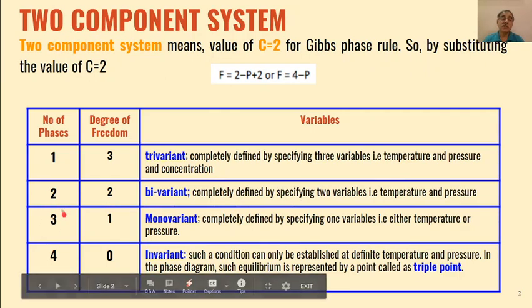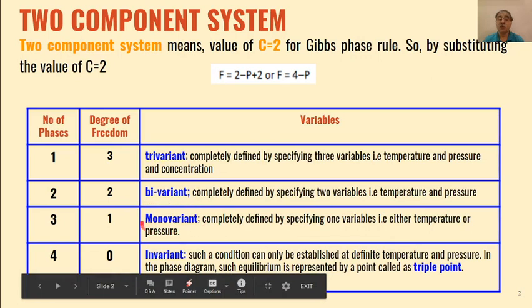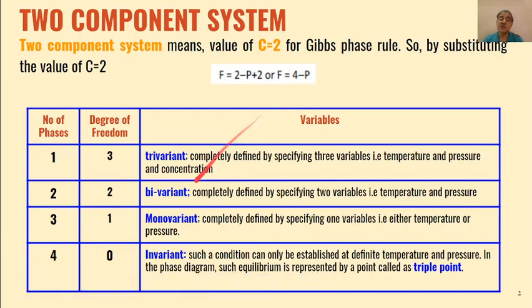Similarly, if we have three phases, by substituting the value of P as 3, the degree of freedom comes out to be 1. That means such a system will be a monovariant system, and in a monovariant system one variable is to be specified. That variable can either be temperature or pressure. And if the number of phases is 4, 4 minus 4 means the degree of freedom will be 0.